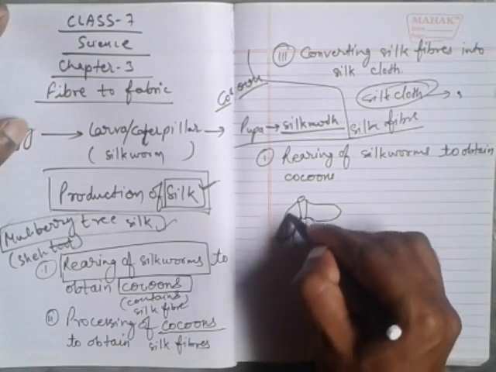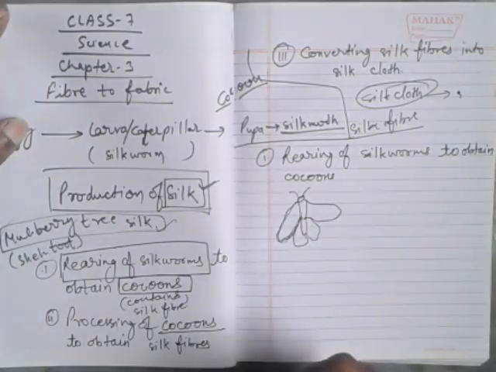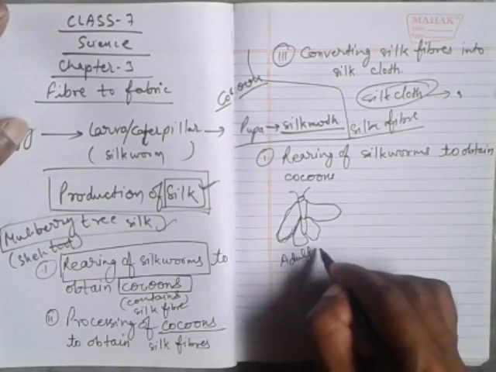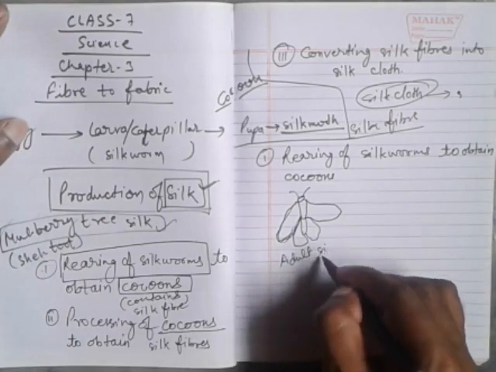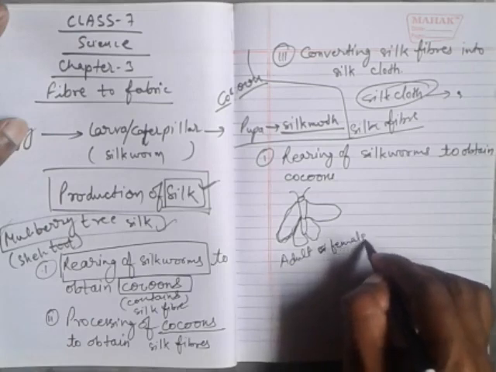I am trying to draw the figure of a female silk moth. Suppose that it is an adult female silk moth.